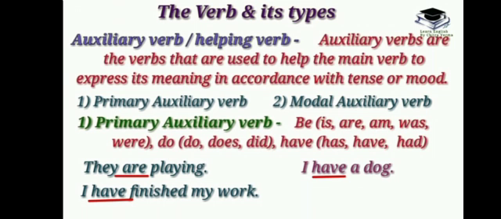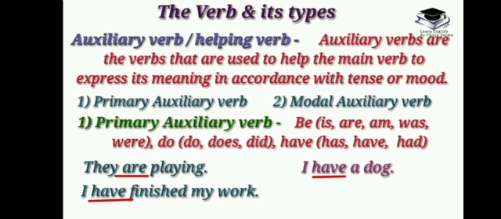When used in the form of be, they are used as is, are, am, was and were. When used in the form of do, they are used as do, does and did. And when used in the form of have, you can use them as has, have and had. So over here you can see, I have finished my work.